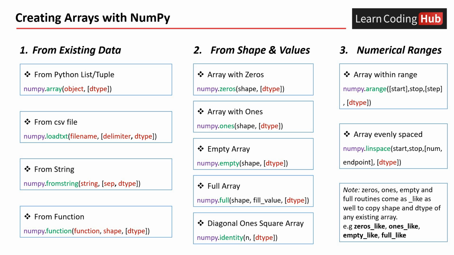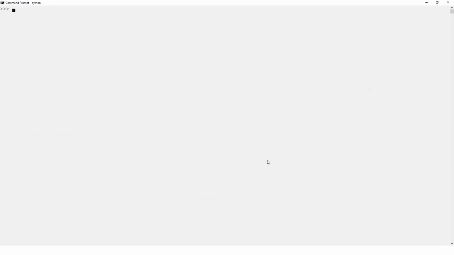So we will start with the numpy.array one. Let's import numpy as np, and let's say we create a simple tuple, 1 2 3. This is just a simple temporary tuple we created, and let's say we want to create a NumPy array with this one.